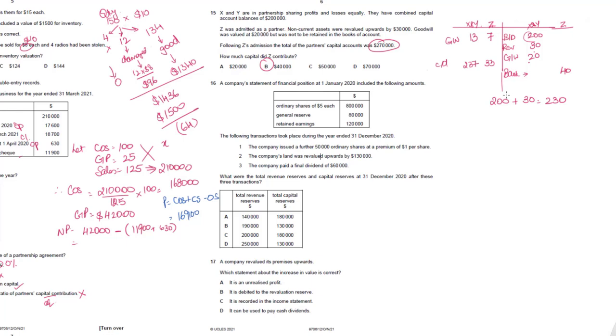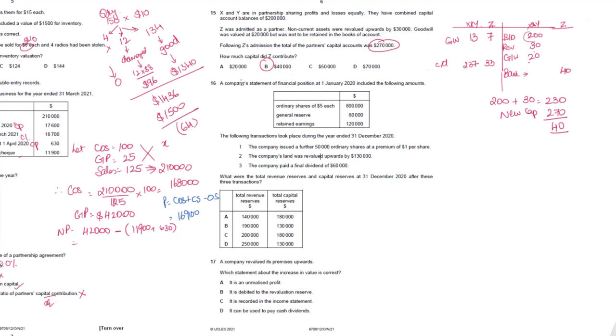So if you add it to one of the partners, basically you're taking it from the other partner, from the new partner, and putting it in the old partner's capital account. In total, the partners' capital don't change because of goodwill. So I'm ignoring goodwill, and the new capital after Z's admission is 270, they're telling you. So what is the change in capital? 40. This is the easy way of understanding, but if this is confusing, you can prepare the partners' capital.